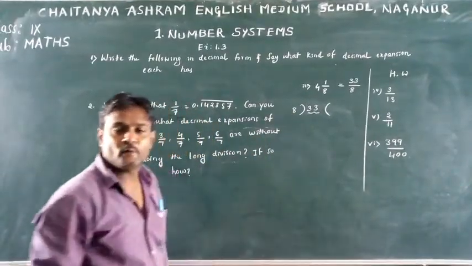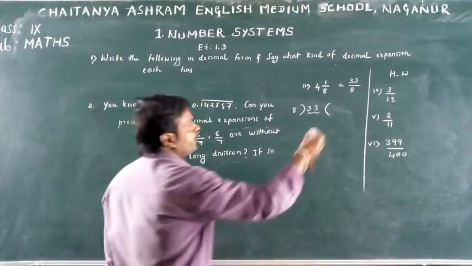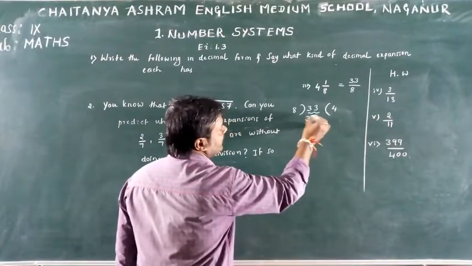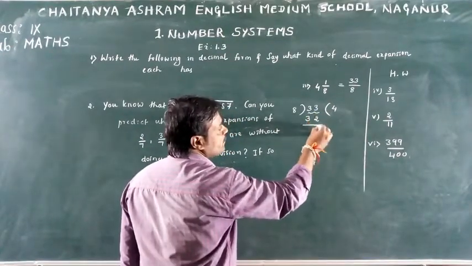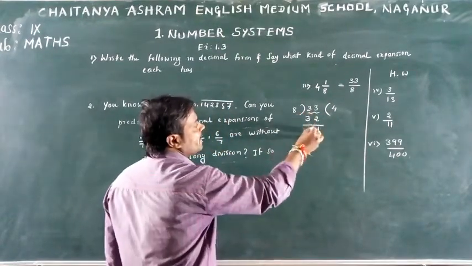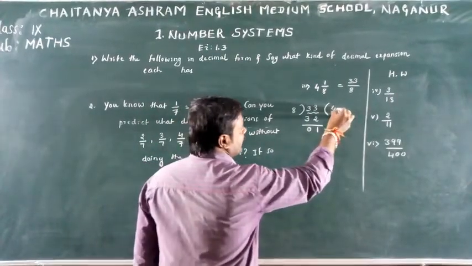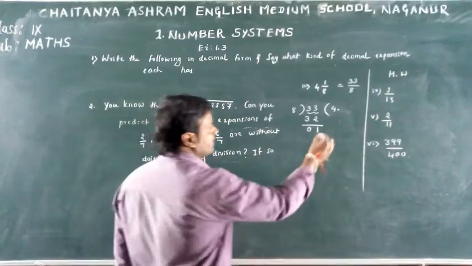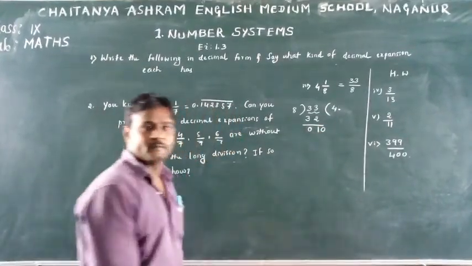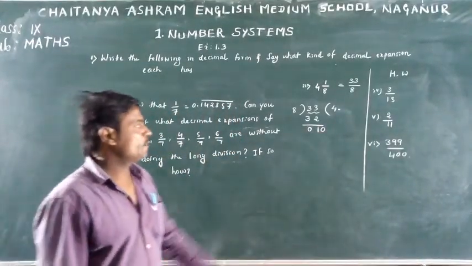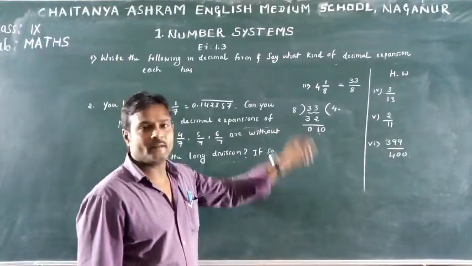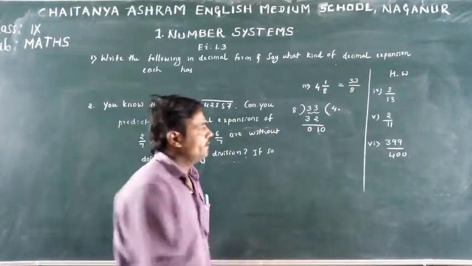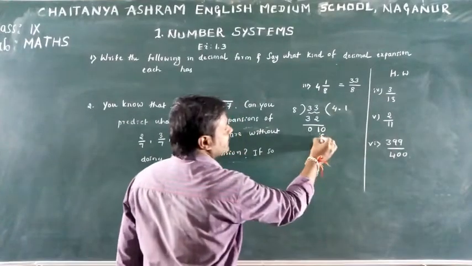That is 32. 8 4s are 32. 3 minus 2 is 1, 3 minus 3 is 0. So put a decimal in the quotient and write 10. So now which is near to 10 in the 8th table? 1 8 is 8, 1 8 is 8.